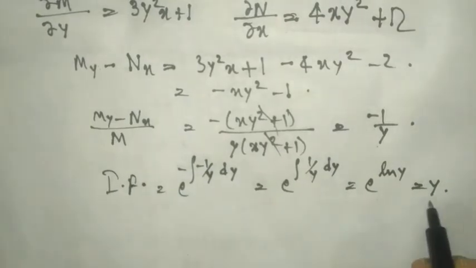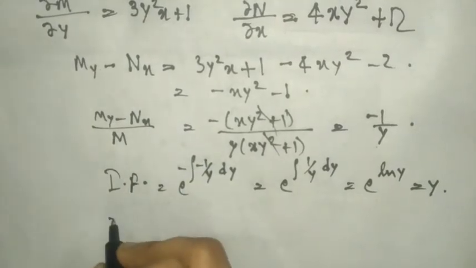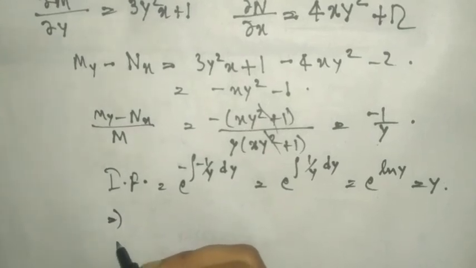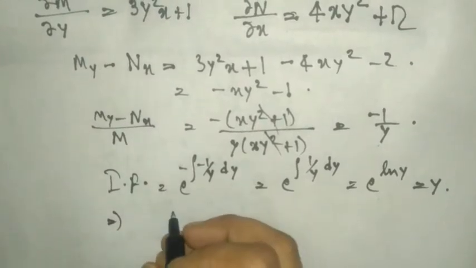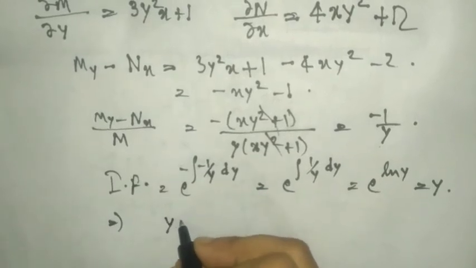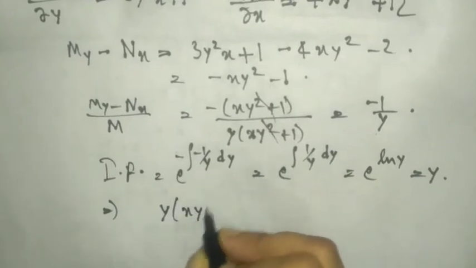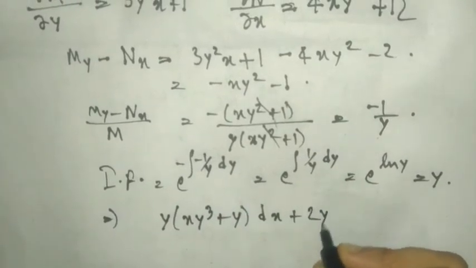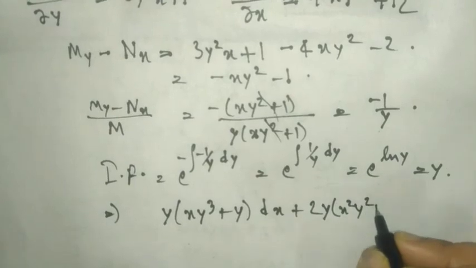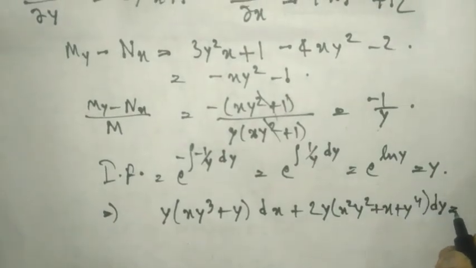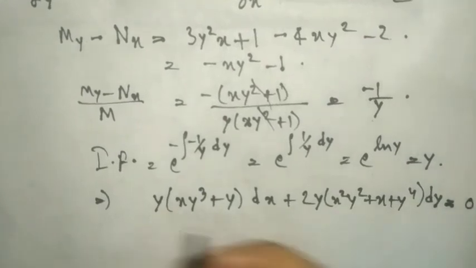Now we will multiply this integrating factor to the LHS of the equation to get the solution. So on multiplying this, or let me write it like this, y into xy cube plus y dx plus 2x square y square plus x plus y4 dy is equal to 0.